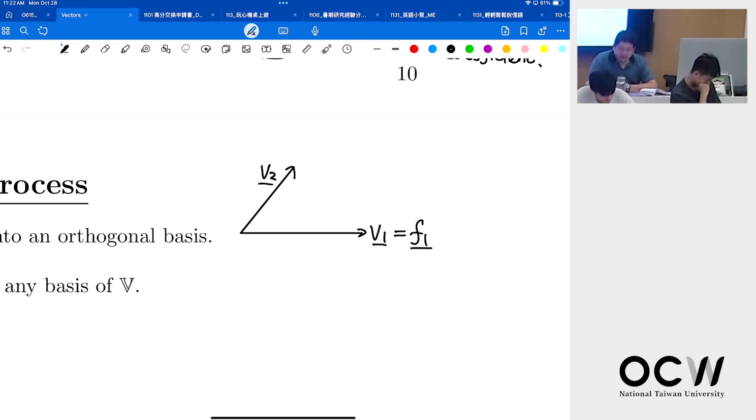Now, my second vector should be perpendicular to F1, or V1. We just learned that V2 can be projected onto the direction of V1 or F1. So this is the projection, and this one will be perpendicular to that projection.